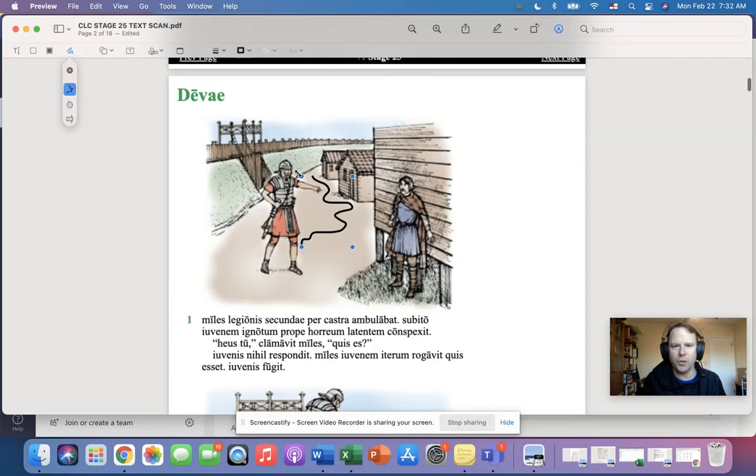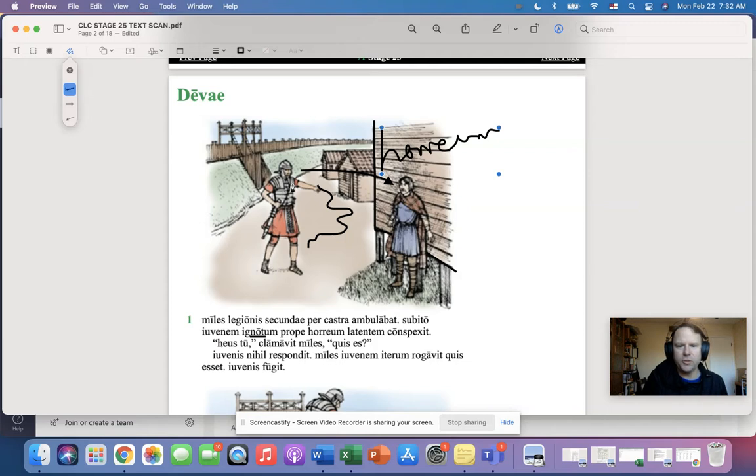Subito, whoosh, subito hominem ignotum prope horreum stantem latentem conspexit. Interesting. So latentem means hiding. So prope horreum latentem conspexit. He's like, ugh.